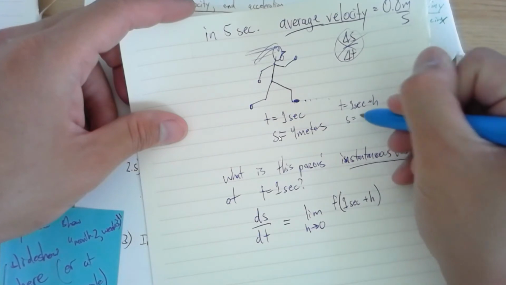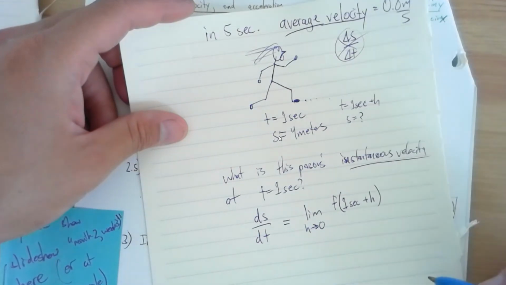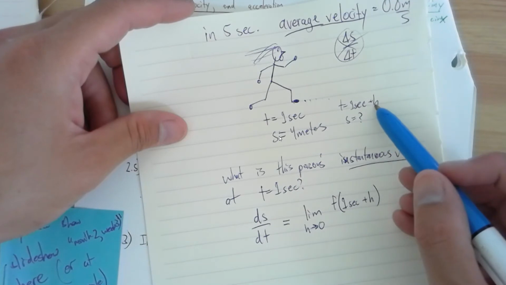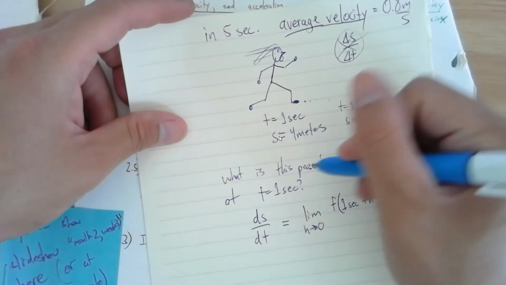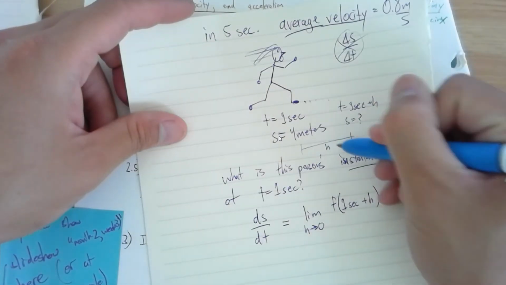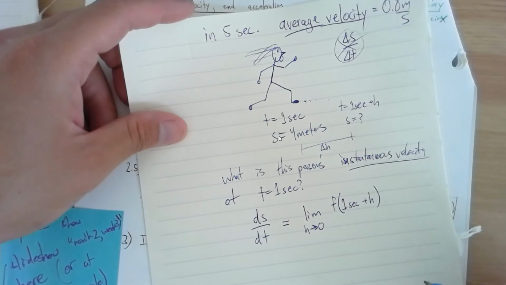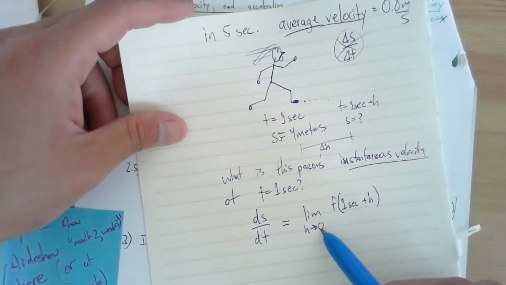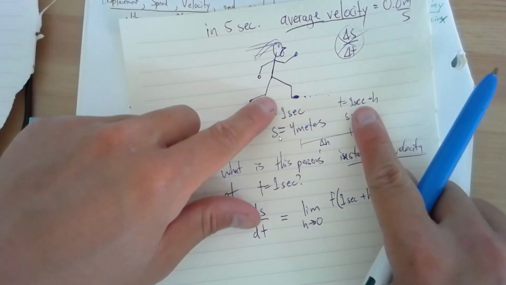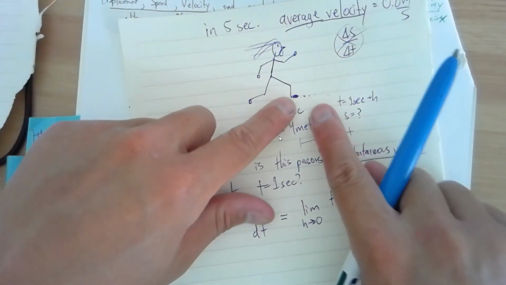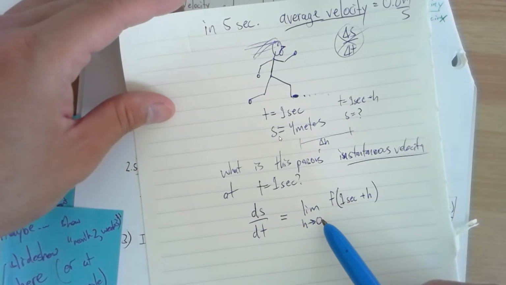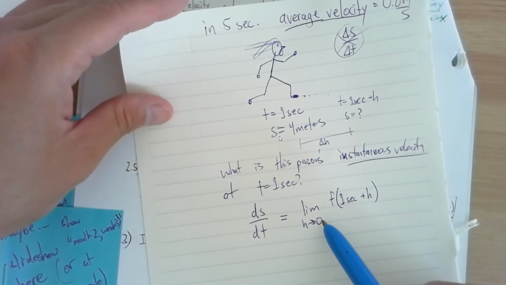I don't even know what this person's position would be if you add h seconds. We're talking a difference of h seconds from this person to this person or wherever this person is. But we're saying if that h, that gap between these two positions, goes down to 0, we approach a slope or a derivative, an instantaneous slope.